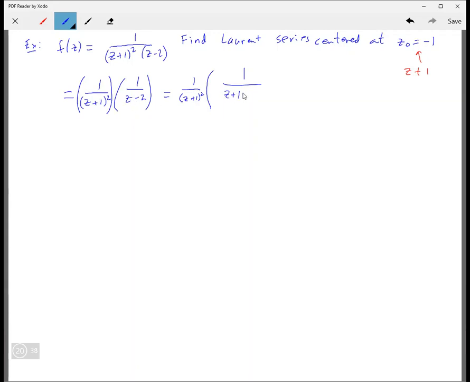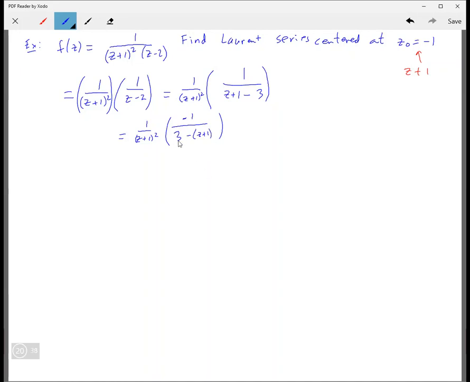Okay, and then what do I have to add or subtract here so that this is equal to that? 3, right? Because 1 minus 3 is going to give me -2. So good, that's what you do. Then I really want that to come second, so I multiply both sides by -1, and then I have 3 minus z plus 1, with this coming second right here.